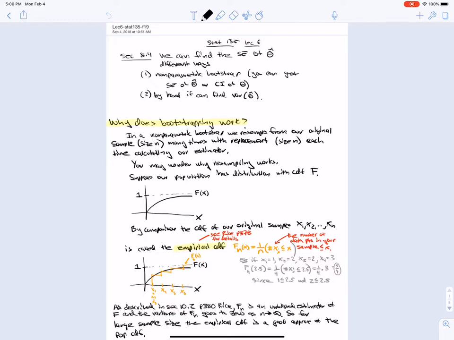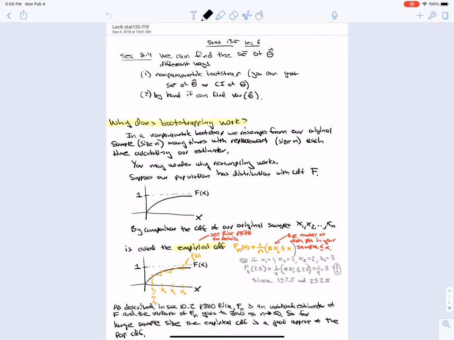I wanted to go over why bootstrapping works, in particular why resampling from your original sample, at least in the limit, works, as well as sampling from your population.